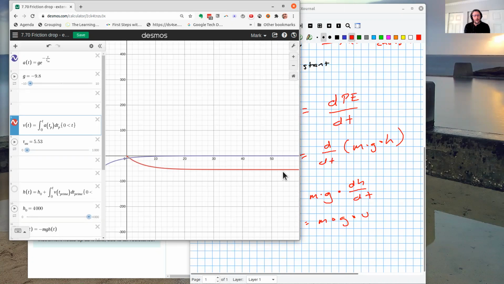Actually, as a side note, why would the velocity stop changing? Why would the acceleration decrease over time? The thing that causes air resistance is, as this package is falling, air molecules are bashing into it from underneath. And as they bash into it, they transfer momentum to it that slows it down. Well, the faster it's going, the faster those things are hitting from its point of view, and therefore the more air resistance it experiences.